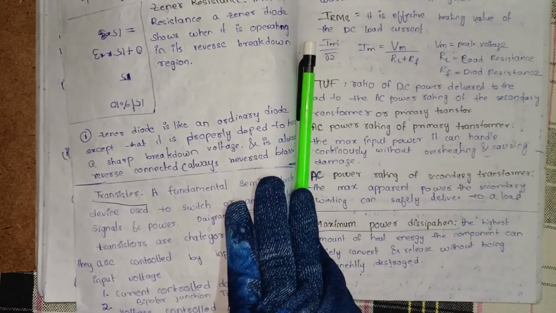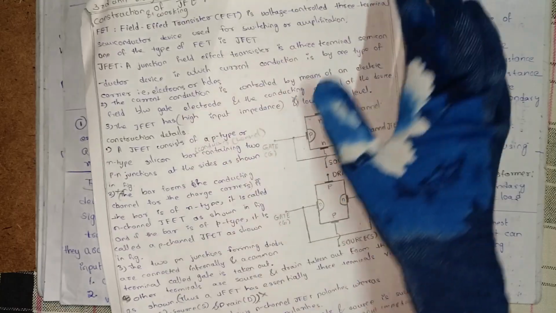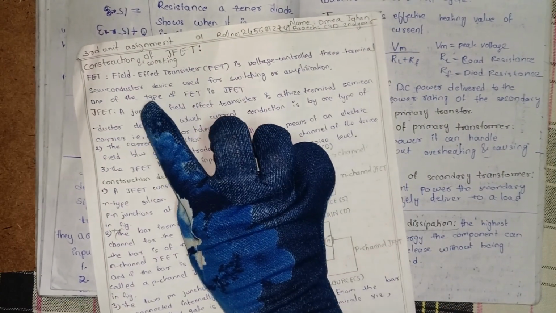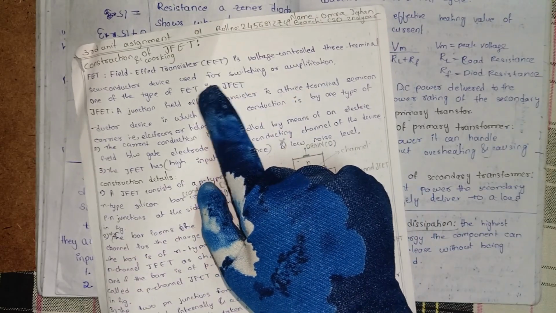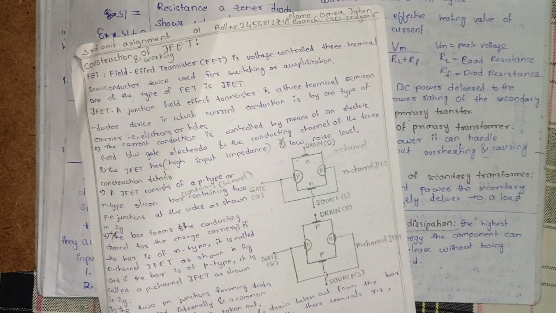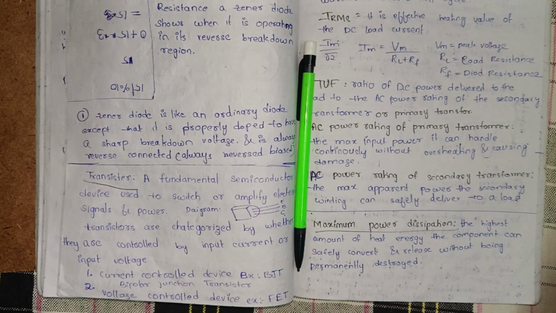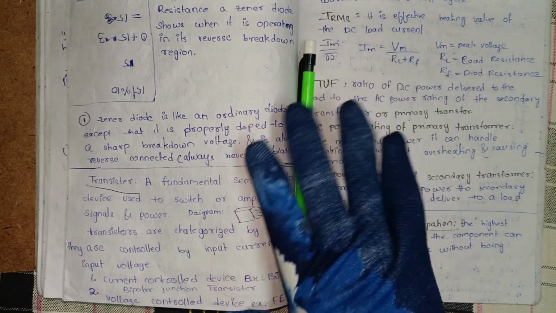And then we will see what is FET. FET is a field effect transistor, a voltage control three terminal semiconductor device used for switching or amplification. Okay. And then MOSFET is one type of FET.